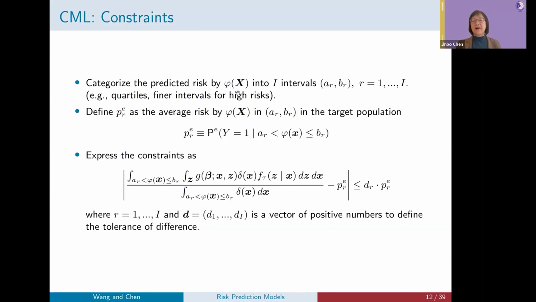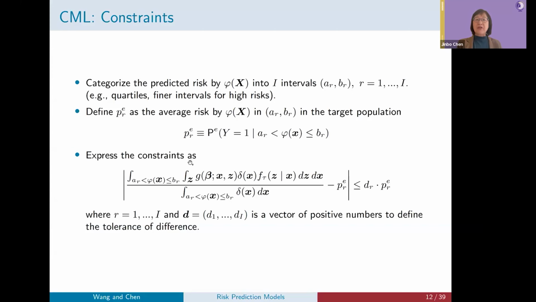Then we divide the predicted risk by the standard model into I risk intervals, which we refer to as A_r and B_r. Because this model, we assume, has been widely validated, we assume we have access to the average risk within each risk interval in the target population.